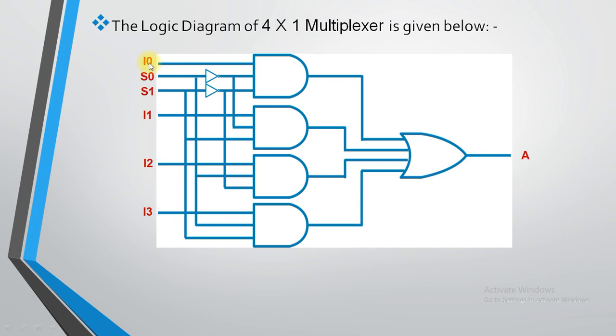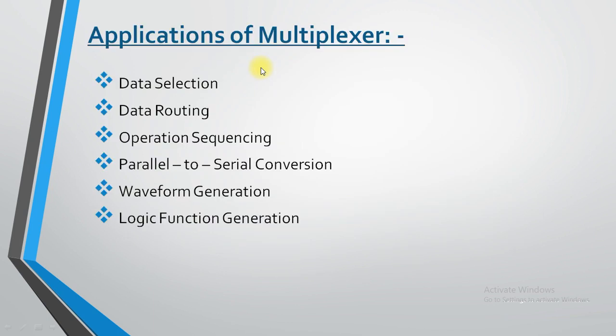The lines I0, I1, I2 and I3 are the data lines which you need to pass to the AND gates. The selector lines S0 and S1 are responsible to select one input at a time, or to activate one input at a time. There are lots of fields in which multiplexers are used, and some are listed over here.